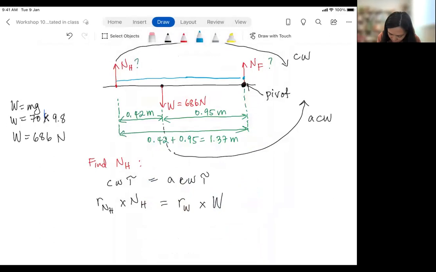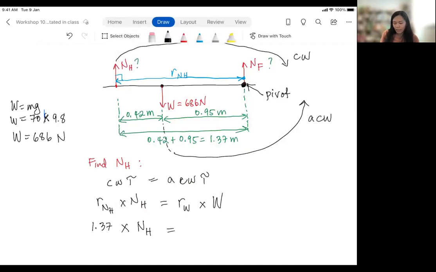You can always relocate your pivot point along the vertical axis, just so you can draw this moment arm for NH. Notice how you have a 90-degree angle between your moment arm for NH and the NH force. And that's the distance between NH and NF, which we solved to be 1.37 meters. So that's 1.37 meters for the moment arm times the force NH that we don't know.